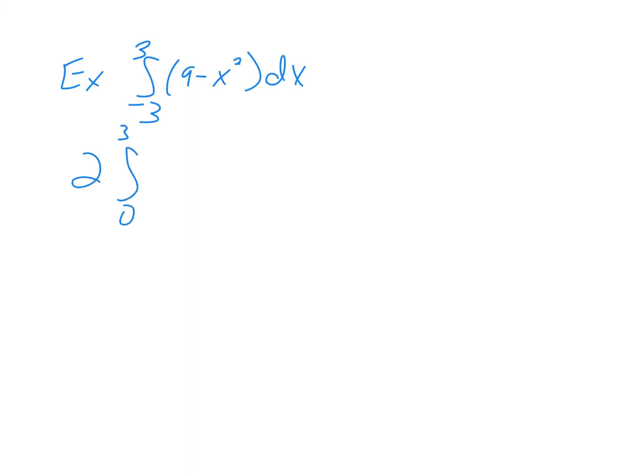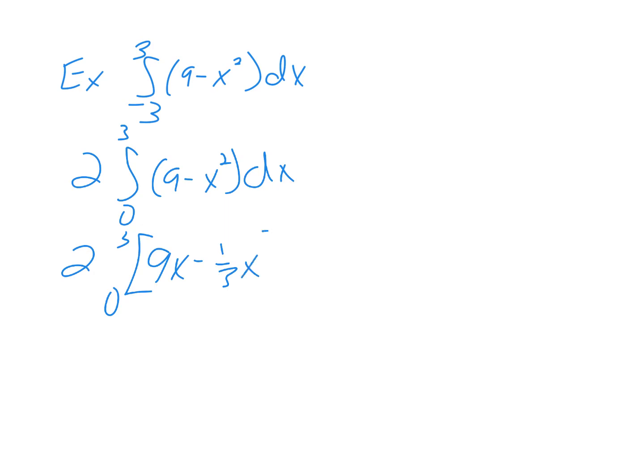So I'm going to change this from 0 to 3 times 2 of 9 minus x squared dx. We integrate it. And it's going to get us 9x minus 1/3 x cubed. We put 3 in.